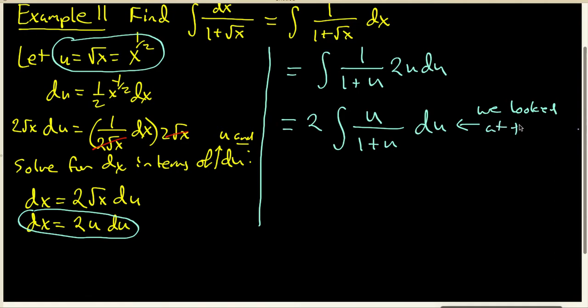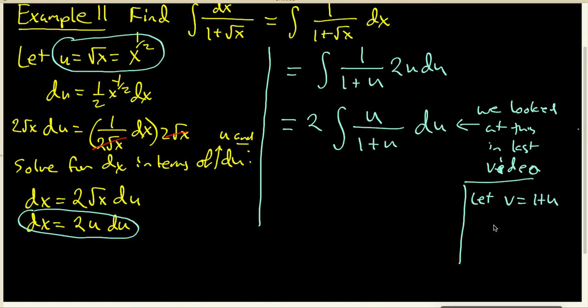We looked at this in the last video, and I kind of want to do this fairly quickly because I did it in a lot of detail over there. I need a new variable, and I am going to call this new variable v. So we are going to let v be 1 plus u, and dv then is du.